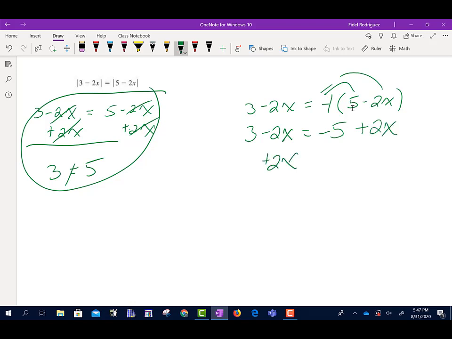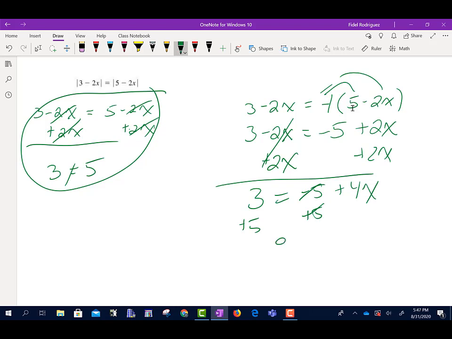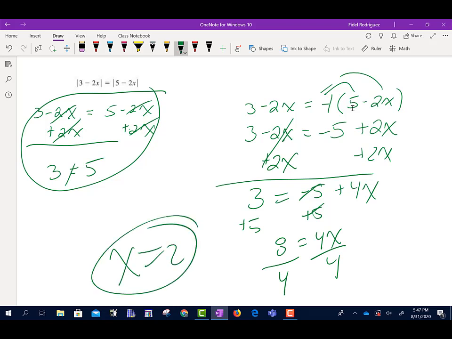So let me add 2x on both sides. 3 equals, those cancel, negative 5 plus 4x. So we'll add 5 to both sides. 8 equals 4x. And when we divide by 4, we just get x equals 2. So this one here, guys, only has one solution. And that solution, that answer is x is equal to 2.